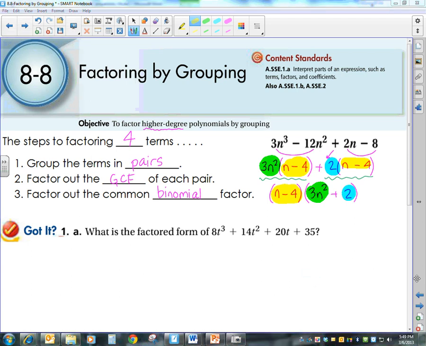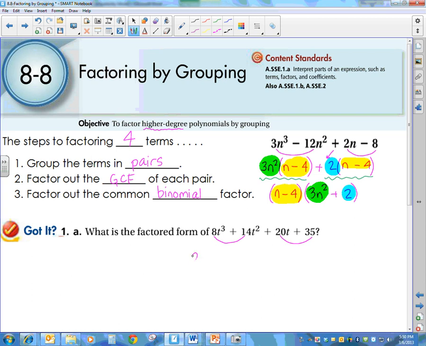Okay, now we have 8t cubed plus 14t squared plus 20t plus 35. So, as our first step says, we're going to group them in pairs. Then, according to our second step, we're looking for the GCF of the pairs. So, between 8 and 14, our GCF is 2. They both have a t, so I'm going to put a t there, and I'm going to take the smaller exponent.